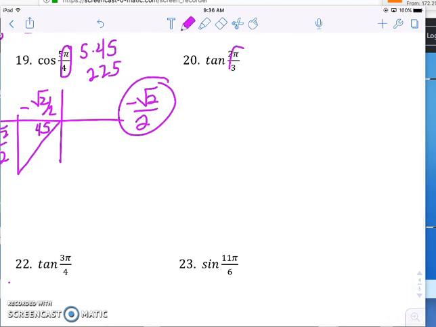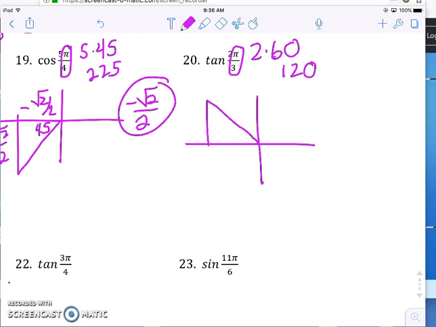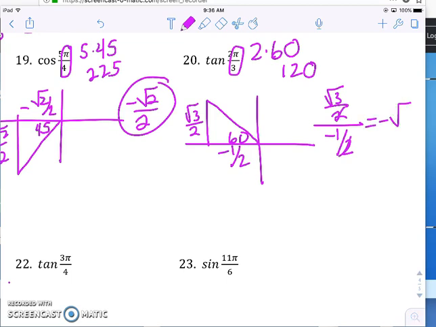Tangent, 2 times 60, so we have 120. So we got 60, root 3 over 2, negative half. So opposite over adjacent. So we have negative root 3.